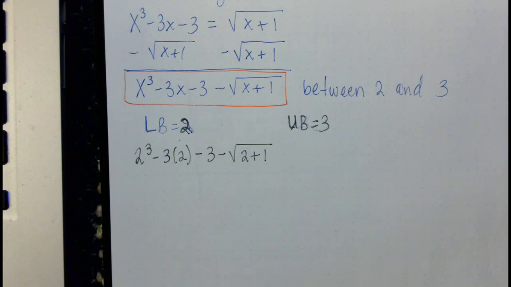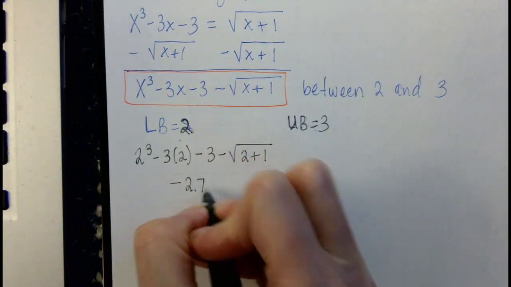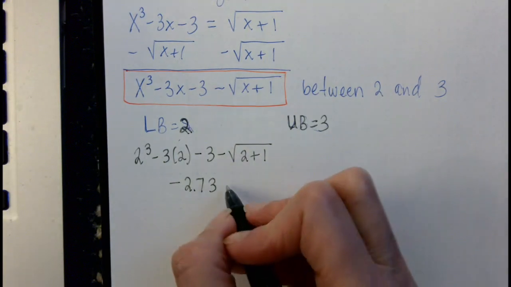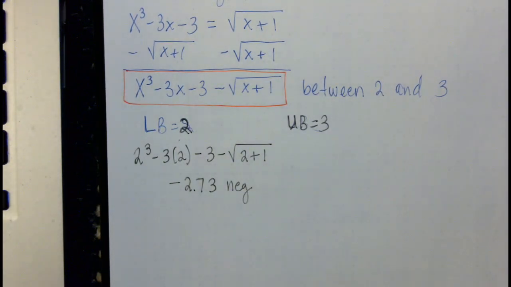And when we type that in, whether it's into Desmos or a calculator, we end up with the value of negative 2.73. And if you've watched any of the iteration videos, we need to know that that value is negative.